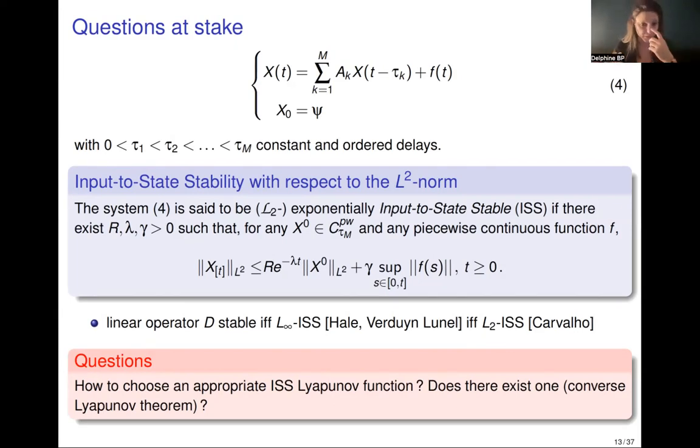Even if the functional spaces are not the same, the two concepts of ISS are equivalent according to this result. So we're going to look here at the L2 norm, because this is the norm which makes more sense for PDEs, but we could also establish similar things for L infinity.